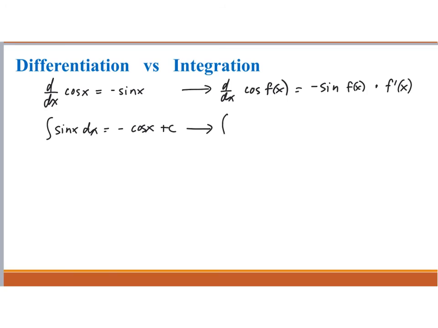It also still works for when f of x is ax plus b. So when we get the integral of sine ax plus b, it will be negative cosine ax plus b divided by a.